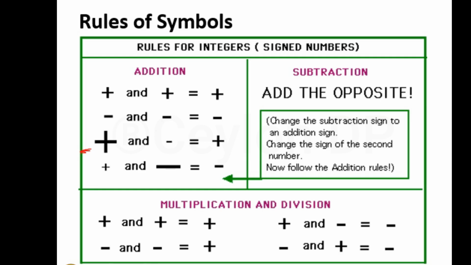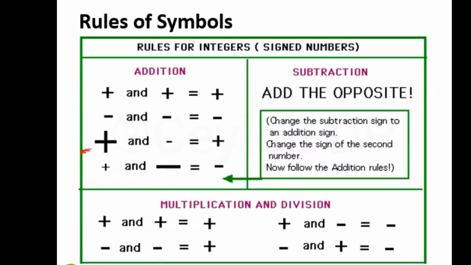If you assume plus 5 and minus 1, if we add those, the answer should be 4. It's a plus value because the highest value is plus. The next one is where the highest value is a minus value. It means when you are adding plus and minus, the answer should be minus value because the highest one is that. When you are doing subtraction, you have to follow the same rules.